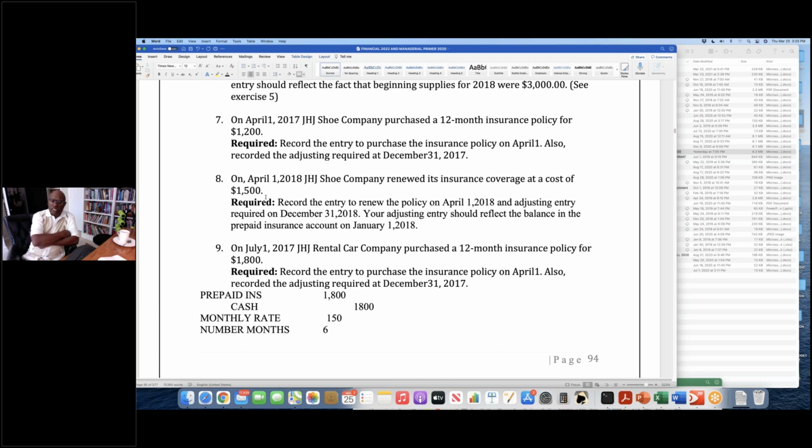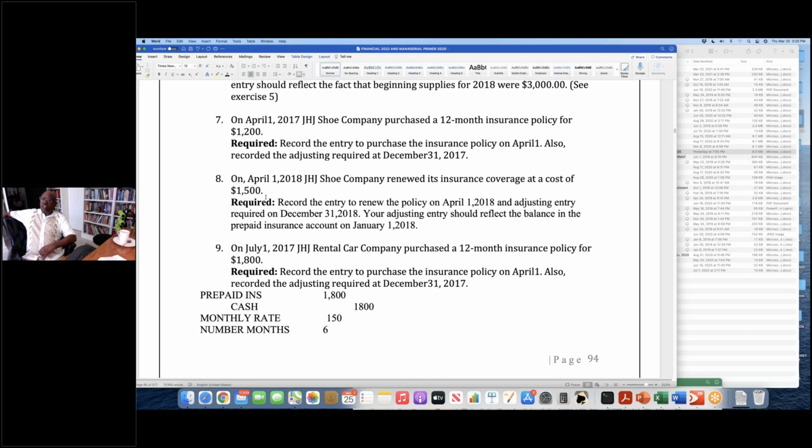Another way of looking at this, suppose you had a cell phone that was $1,200, $100 a month in 2017. Then it went up to $1,500 in 2018. What would be the total amount of your cell phone bill for 2018 only?